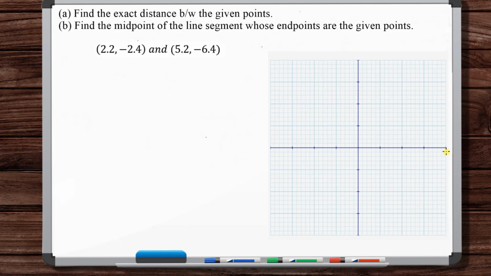Okay, let's plot these 2 points. Okay, so this is 2.2, minus 2.4, and 5.2, minus 6.4.